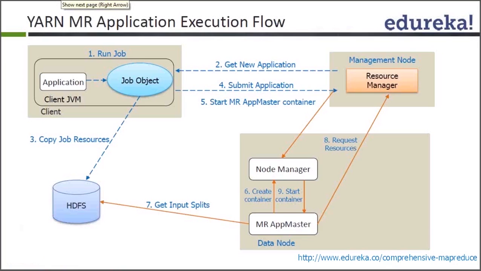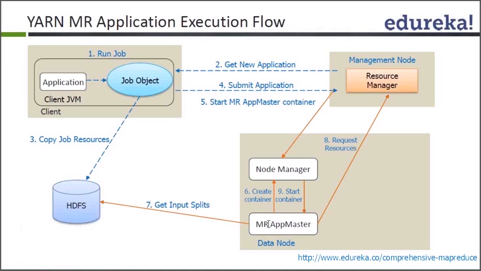Okay, so once that is done, step number 6, the arrow should have been the other way around. The create container arrow is the node manager being told to create the container.